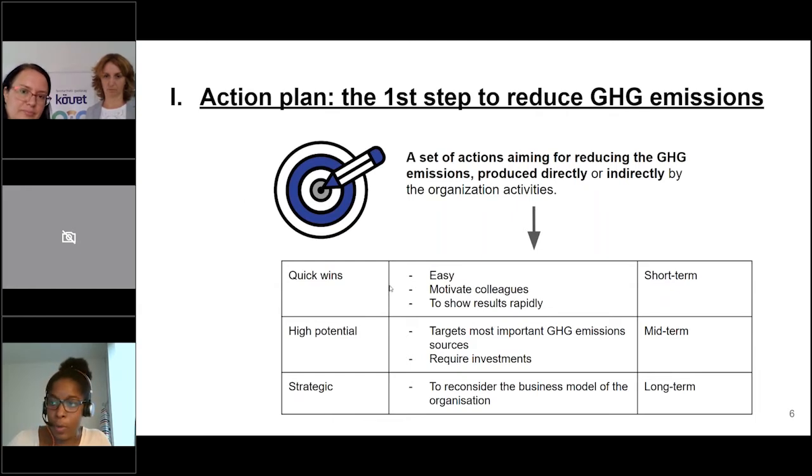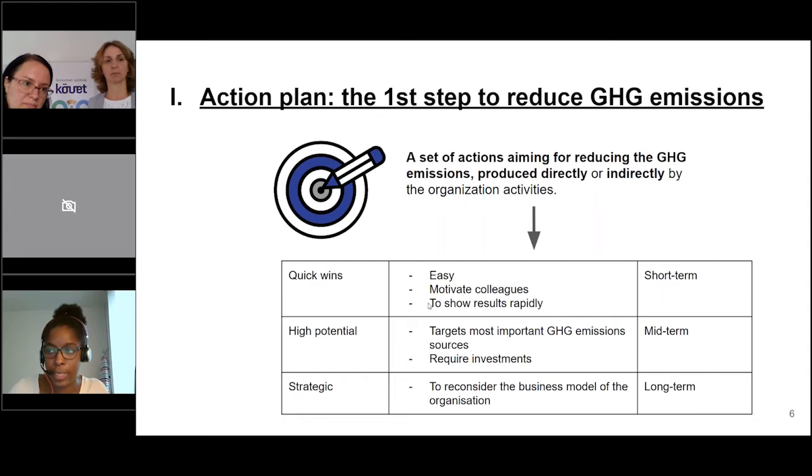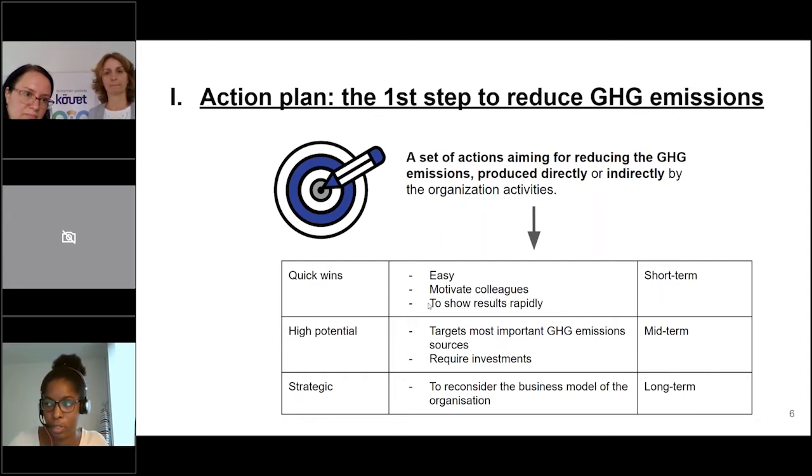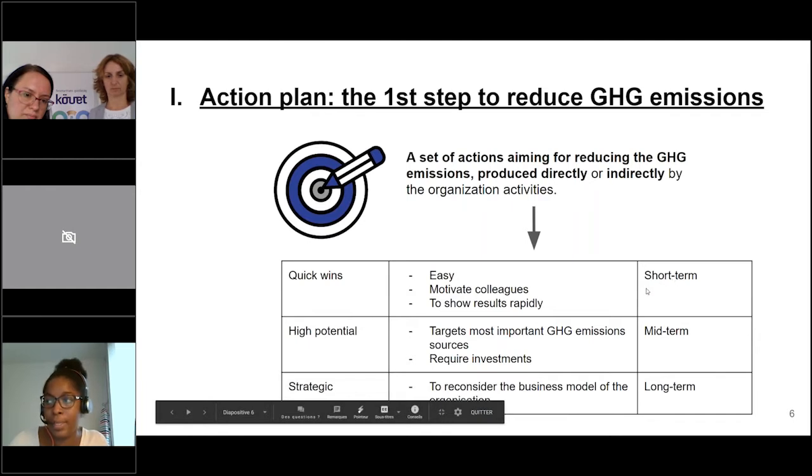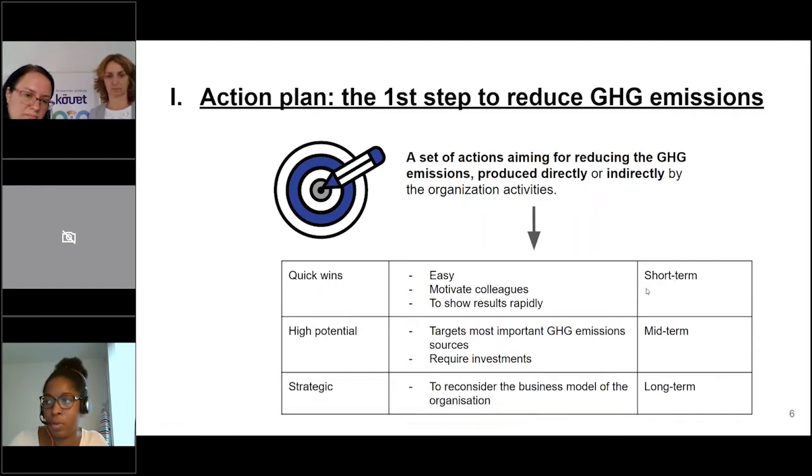In the quick wins actions, you have the easier actions to implement, and also some actions related to raising awareness of your colleagues and your organizations, and these are the first kind of action in which you can see the results quickly. That's why it is a short-term action, and you can implement it from the first step until 1 year. You can have some results.